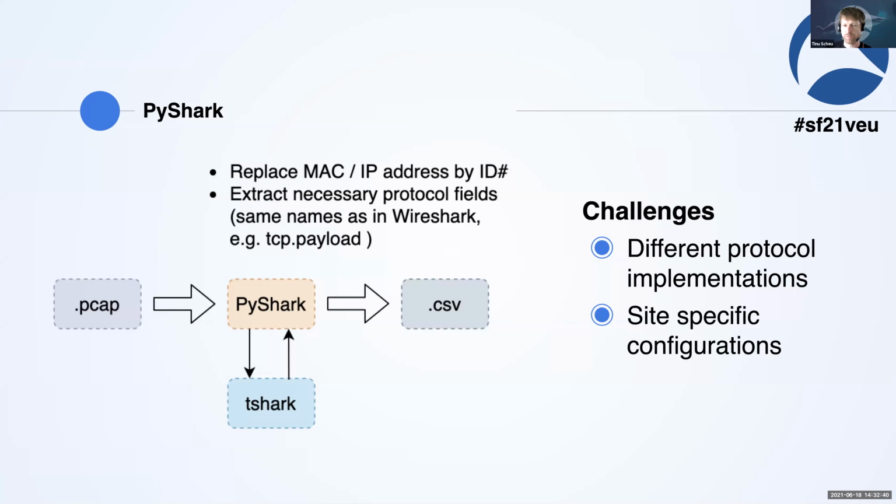We also can replace MAC and IP addresses by an ID, for example, when you want to share data but have privacy or other restrictions. So this you can do easily with this PyShark script. Also, of course, you can adapt the script according to your different protocols and site-specific configurations.